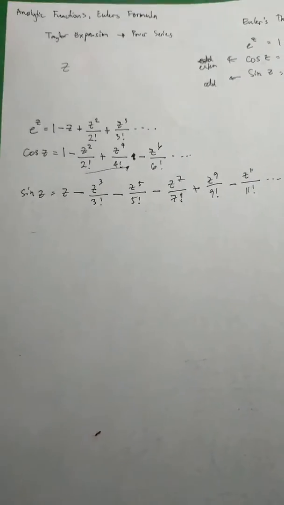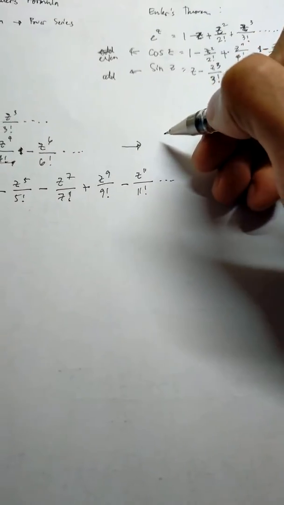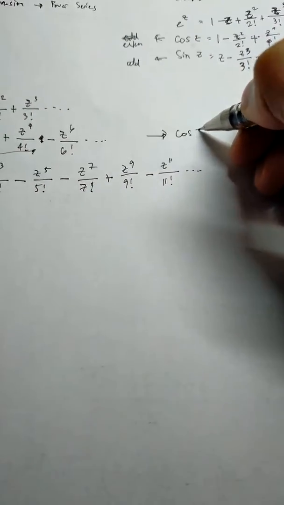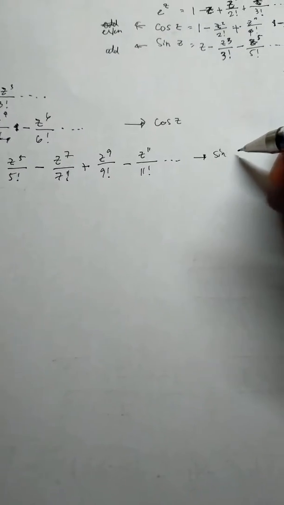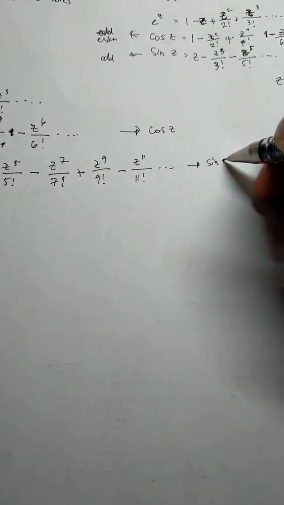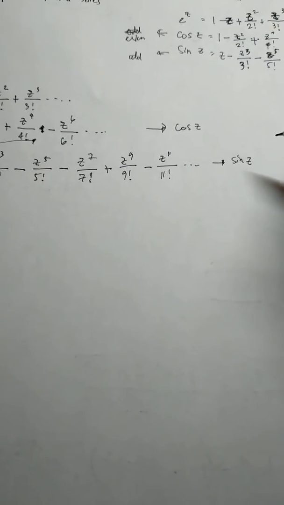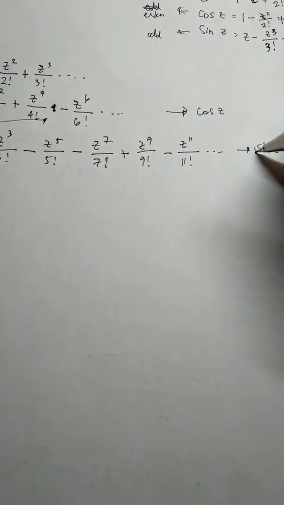So this one will be equal to cosine z, and then this one will be equal to sine z. Okay, but may ara kita imaginary na, so I sine z.